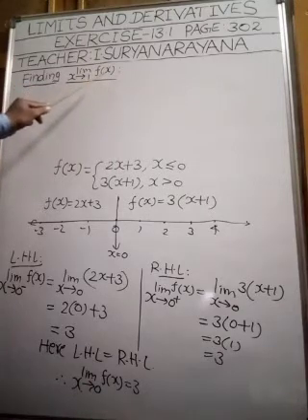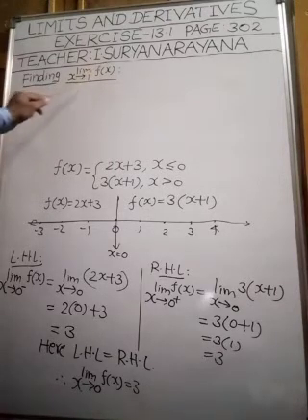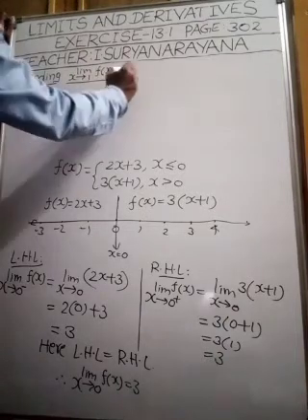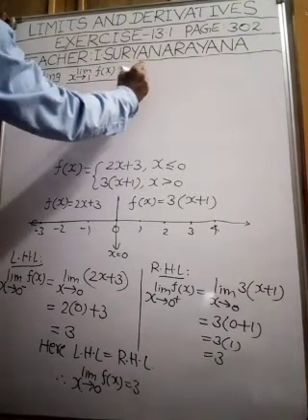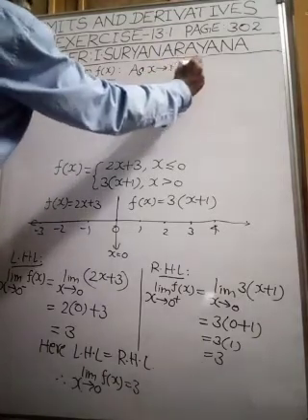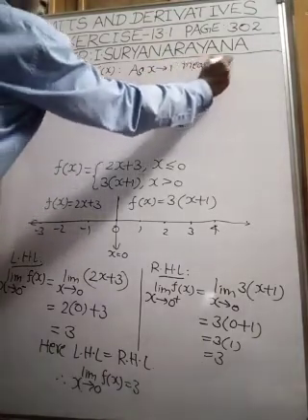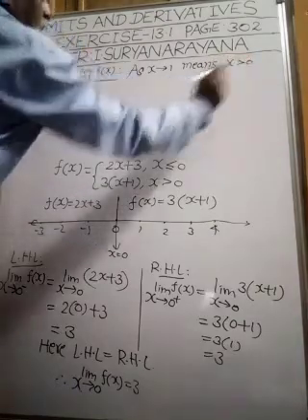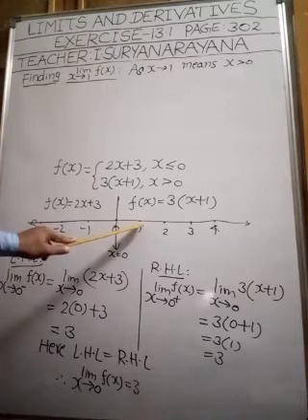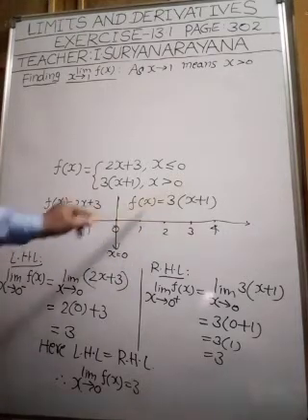So we are finding the limit of f of x as x tends to 1. Okay, my children, see here, as x is approaching 1 means x is greater than 0, isn't it, my children? Here x approaching 1 means it is greater than 0, so we have to consider this function only.